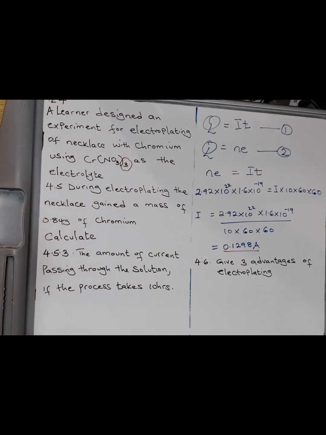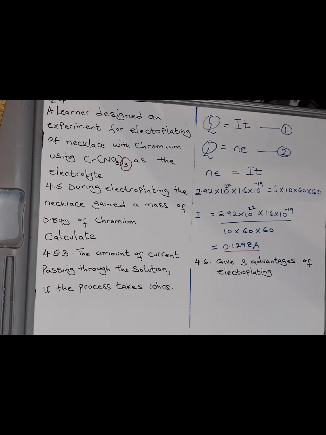Yes, then comes this question. It says, give 3 advantages of electroplating. So what is the reason why we electroplate? To cover the material with a thin lining of the metal. Why?